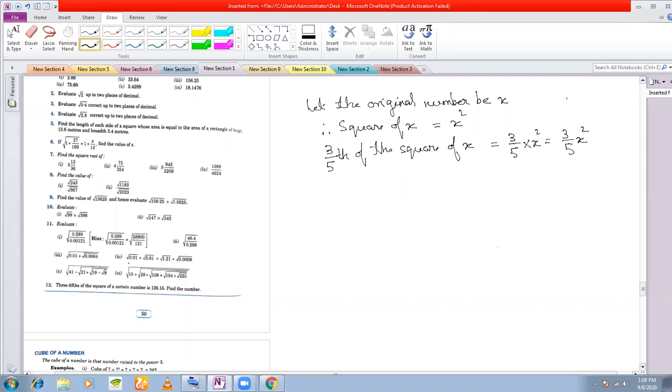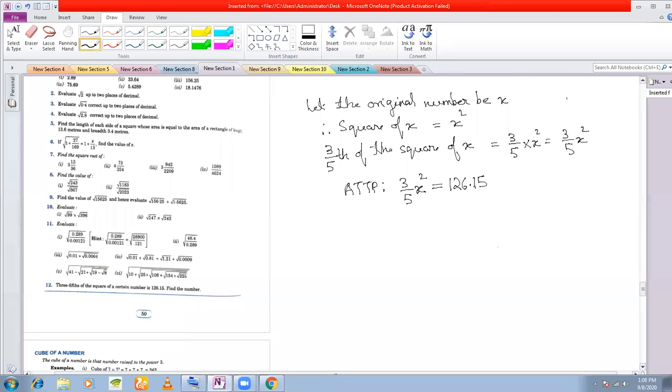And it is given here that 3/5 of the square of a certain number is 126.25. So according to this problem, 3/5 x square must be equal to 126.25.